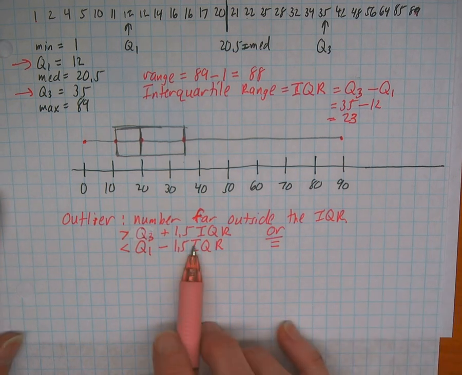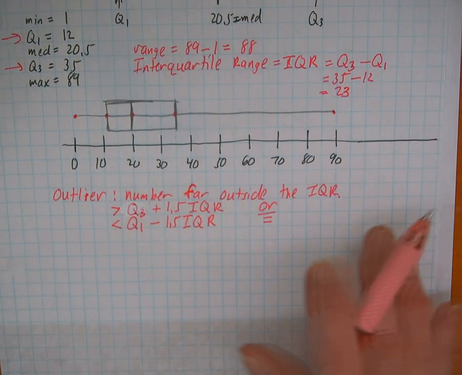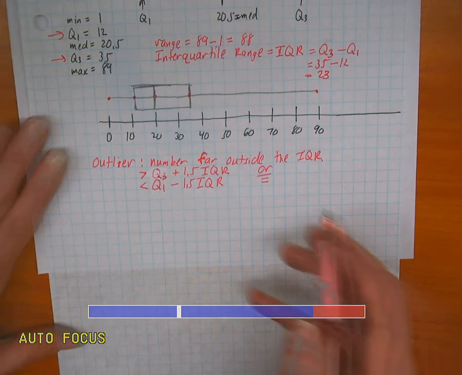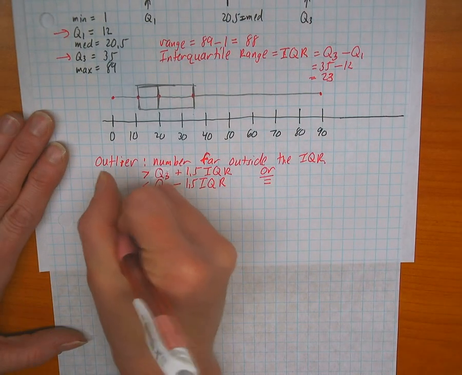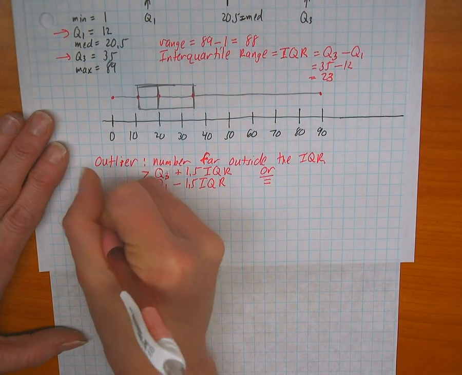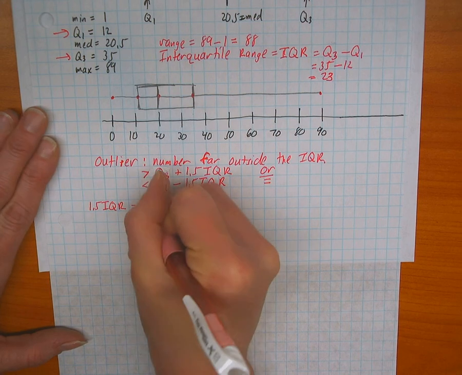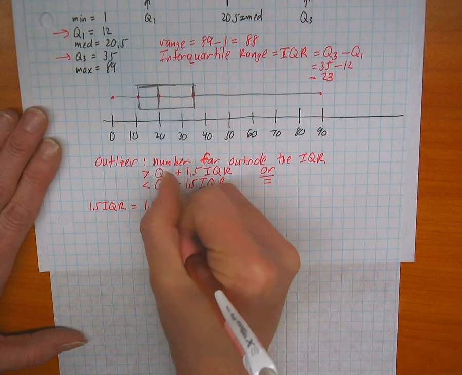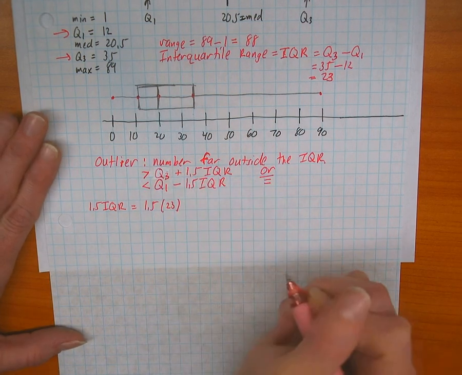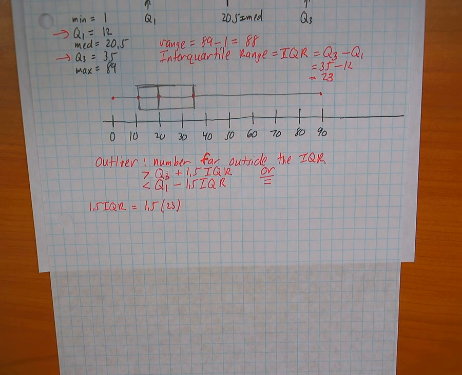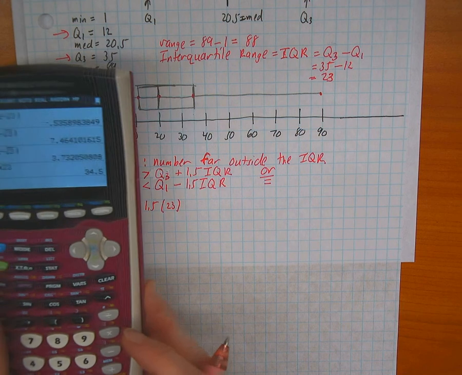First, to do that, we need what 1.5 times the interquartile range is. So 1.5 times the interquartile range, well, the interquartile range was 23. So 1.5 times that is going to be 34.5.